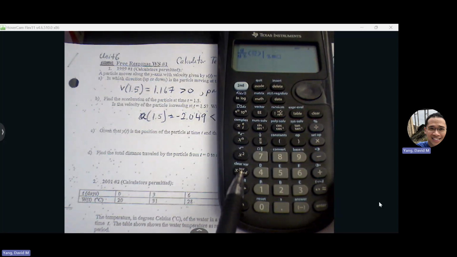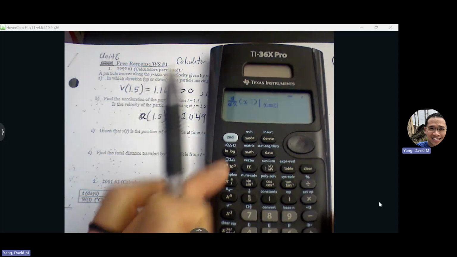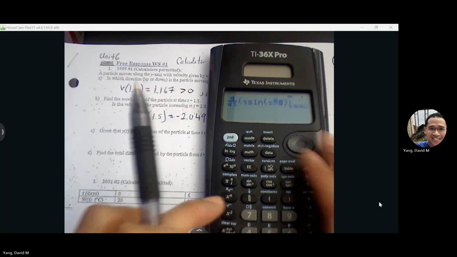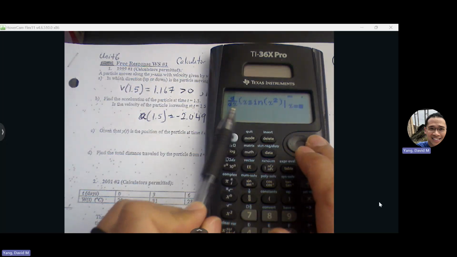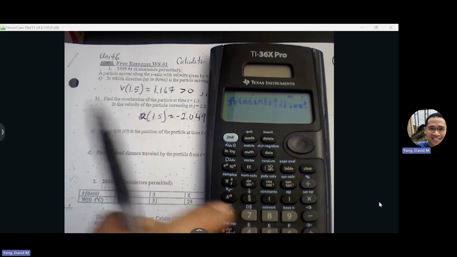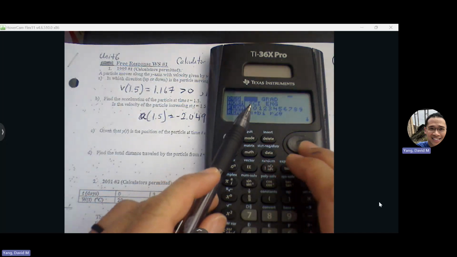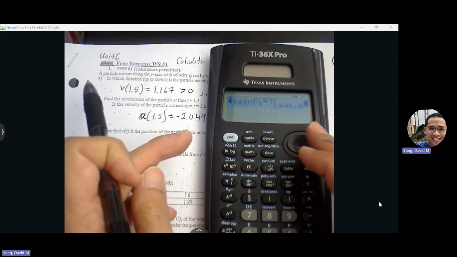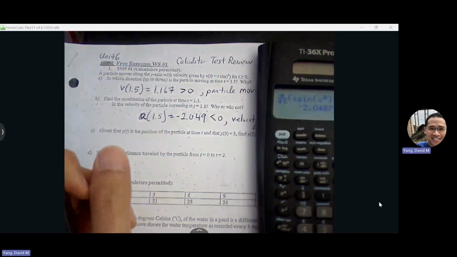I know you have other variable options here, but just always use x. In this case, we'll use x sine x squared, and I'm asking for the derivative of this velocity function at t equals 1.5. Oops, sorry, my mode should be in radian. I'm going to go to mode and get it back into radian mode. Let me try that again. Yeah, negative 2.049.